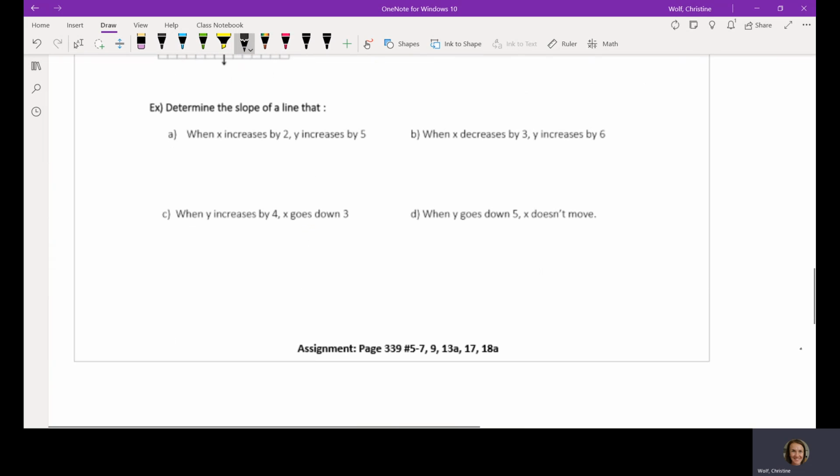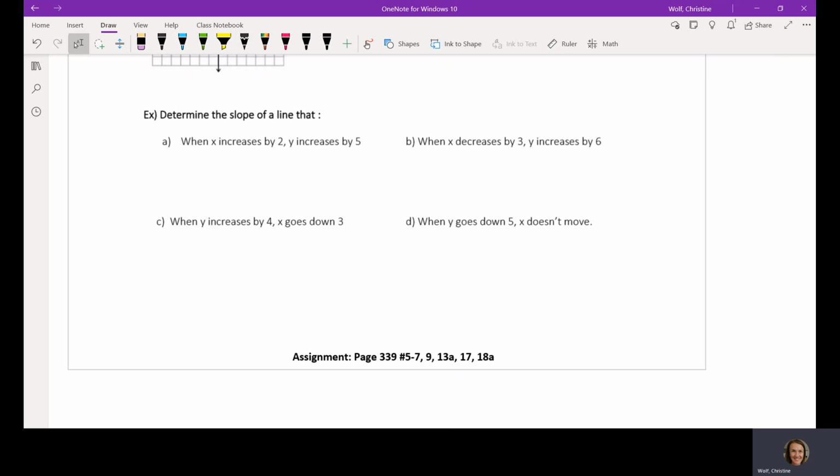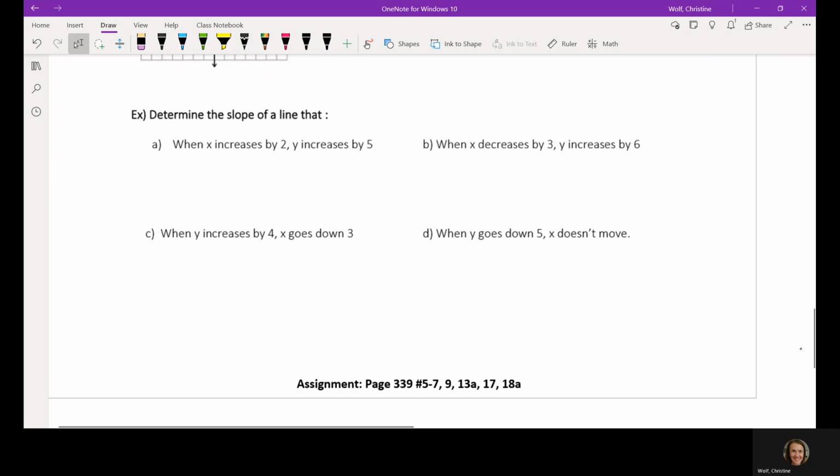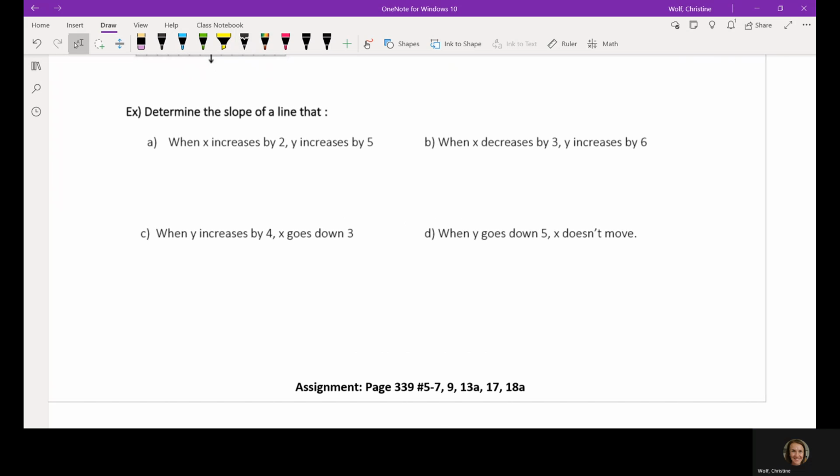Last question. Couldn't be easier. Save the easiest for last. I want you to think about something for a second. Rise over run. When we rise, what axis are we mimicking? Which axis goes up, down? Y. When we run, which axis goes left, right? X. So really, we could say that rise over run is like Y over X. Okay?